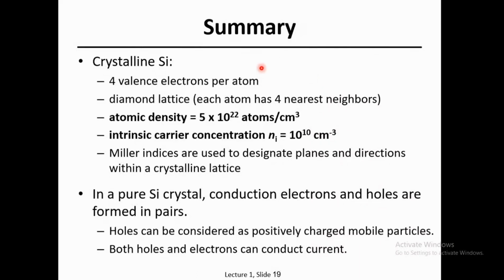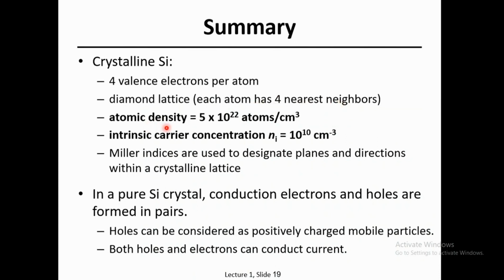So in summary, what we went through today, we looked at the crystalline structure of silicon. We said that silicon has 4 valence electrons per atom, and since it's an elemental material, it's made of a diamond lattice, and it joins 4 electrons with its neighbors.